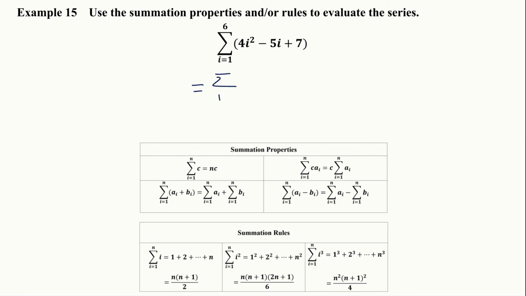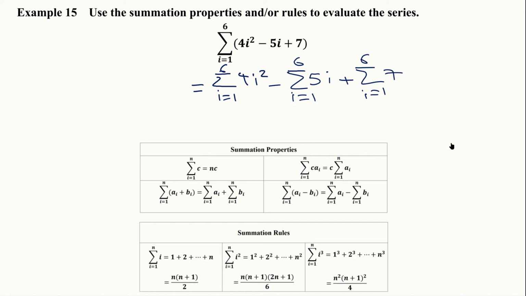I'm going to separate them, so I get equals the sum from i equals 1 to 6 of 4i squared minus the sum from i equals 1 to 6 of 5i plus the sum from i equals 1 to 6 of 7.